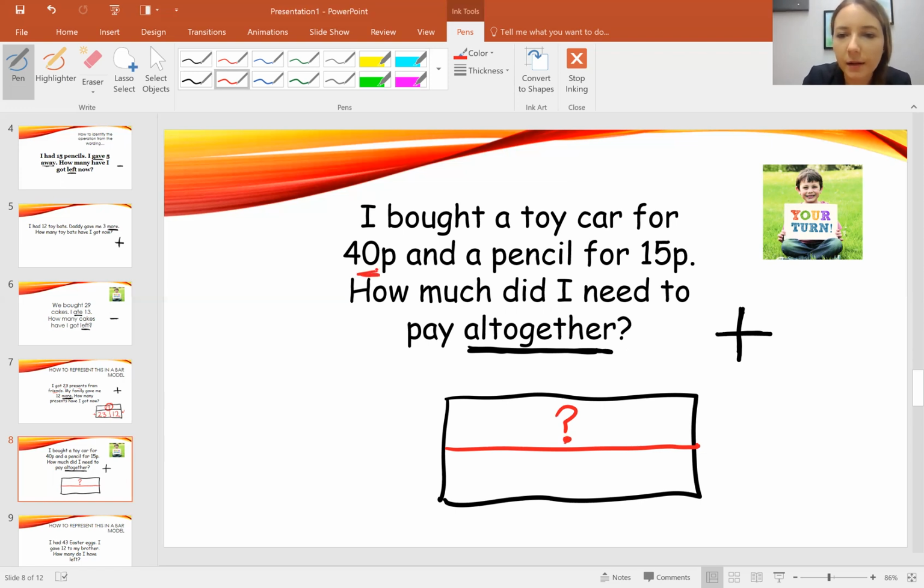That these two amounts are the amounts that we need to add together. They're the two amounts that we need to put together to find out how much it costs for both of them. So they're the two parts of the number that will make the total, 40p and 15p. So there we go, we have represented that in our bar model.